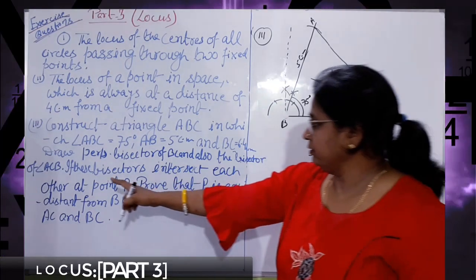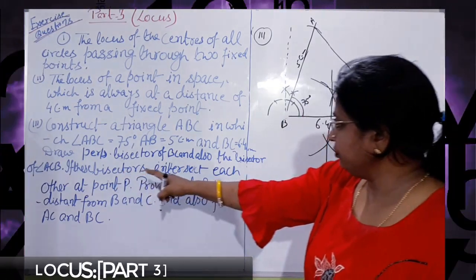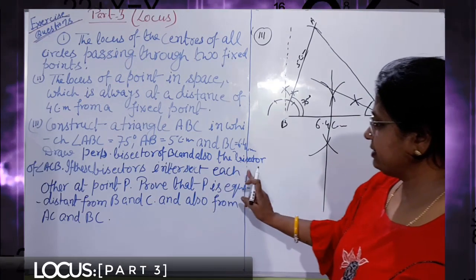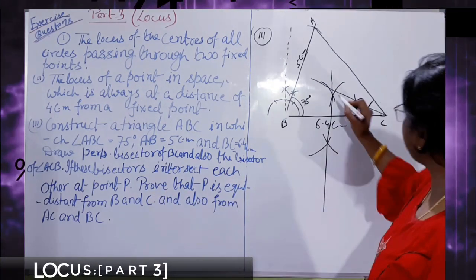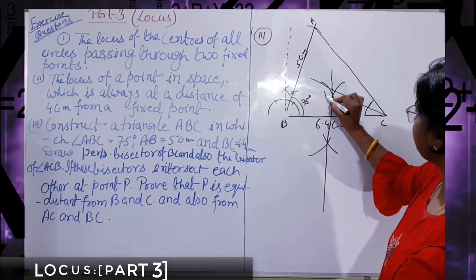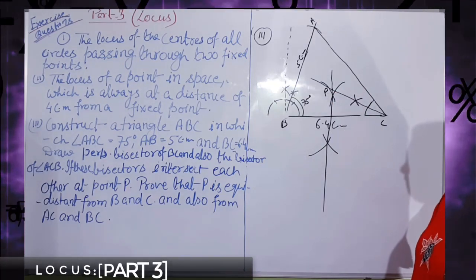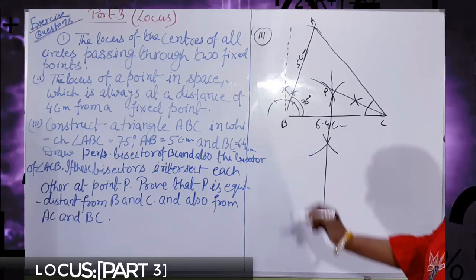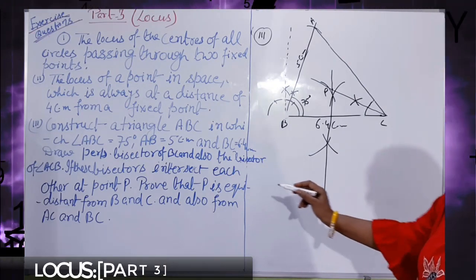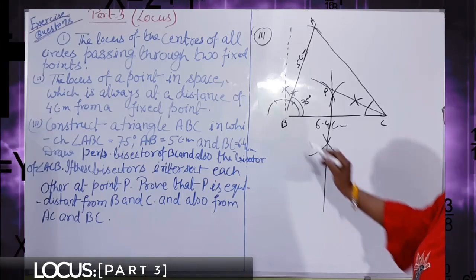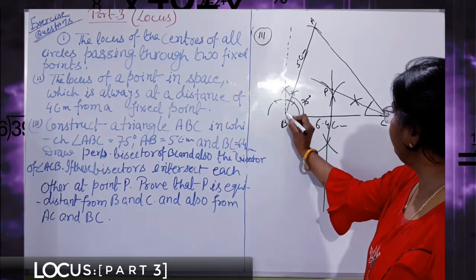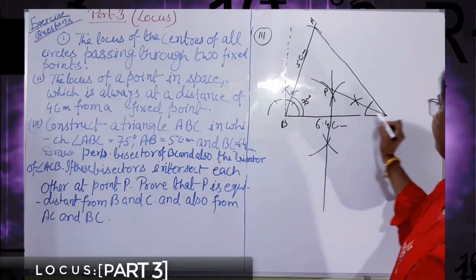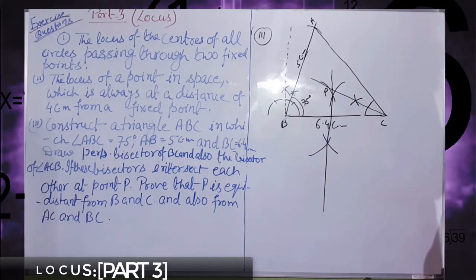Next your question: if these bisectors intersect each other at point P, prove that P is equidistant from B and C. Then how to prove it?